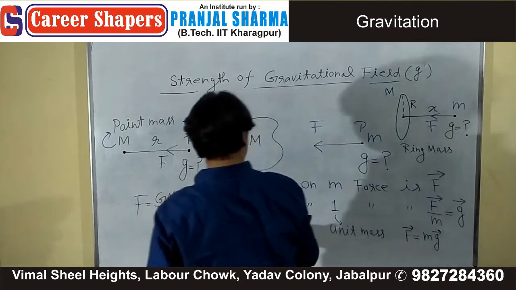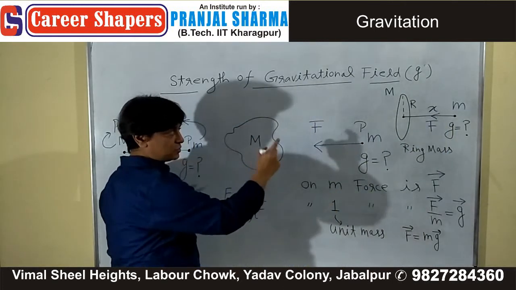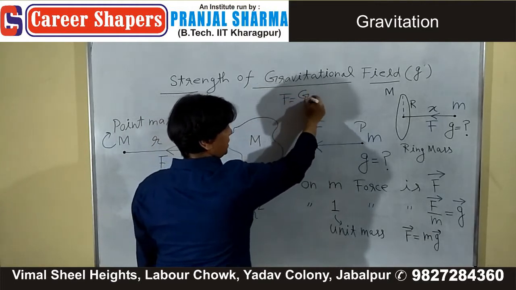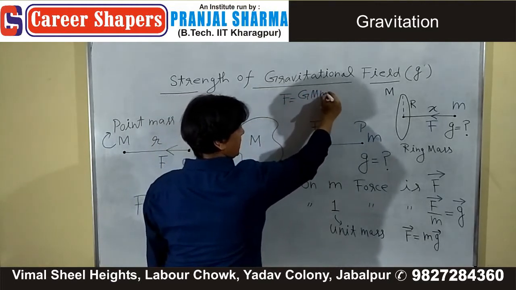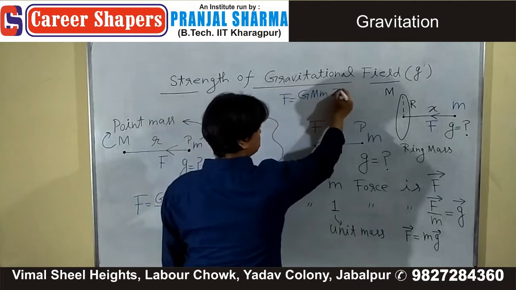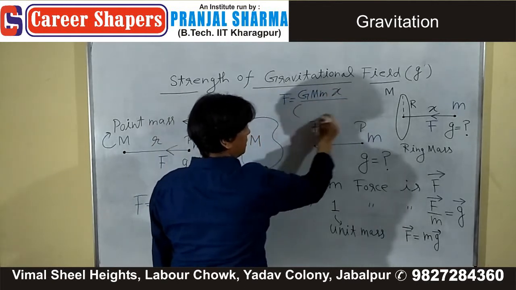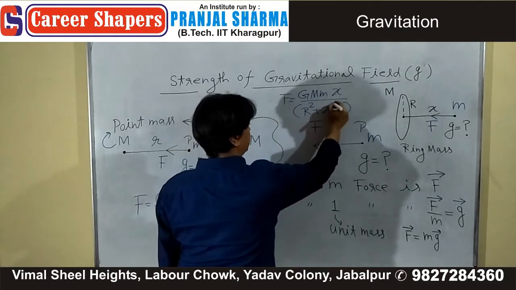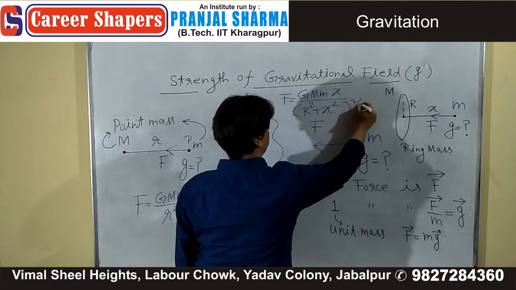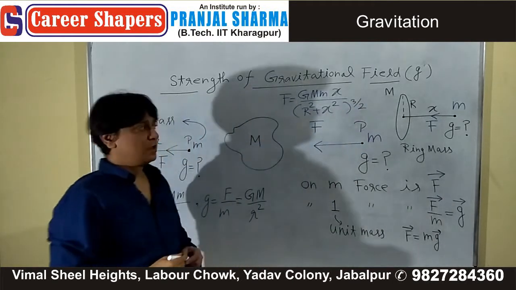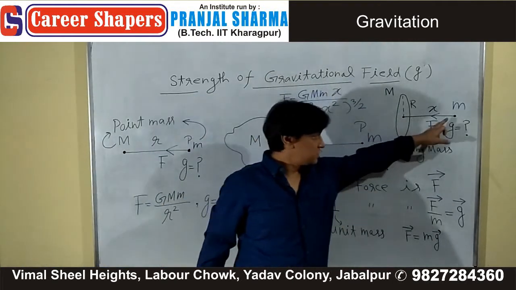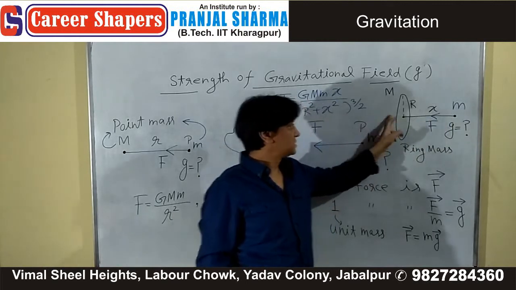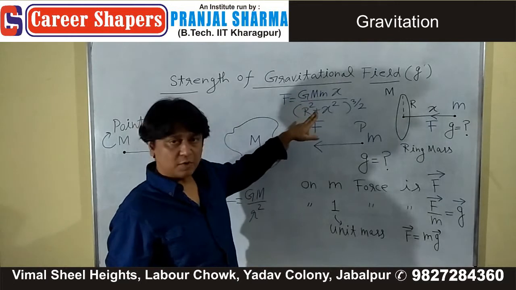I hope you remember that this force is G m x upon (r square plus x square) to the power 3 by 2. Force on this point mass produced by this ring mass is given by this formula.